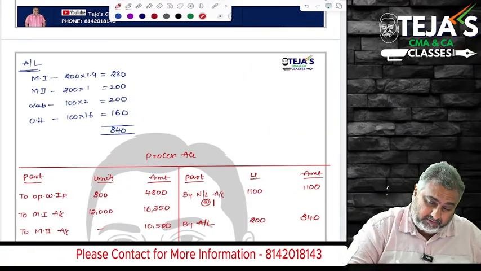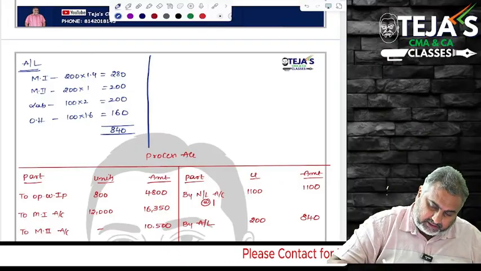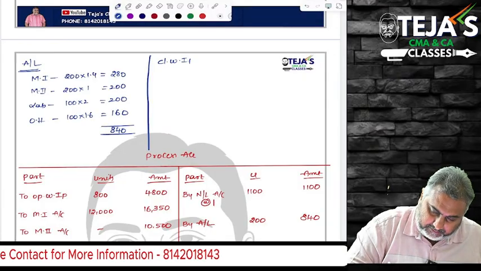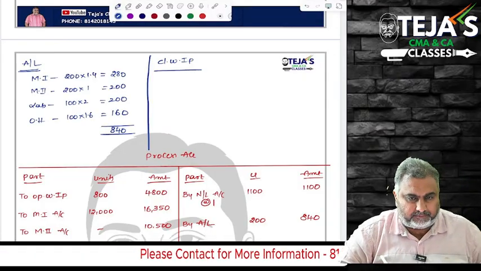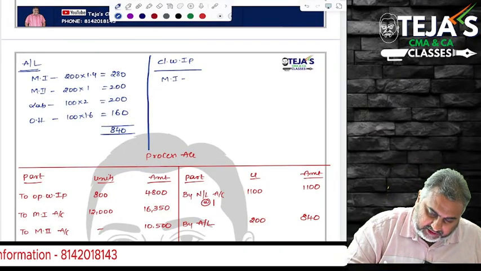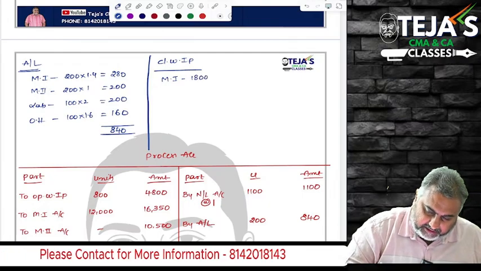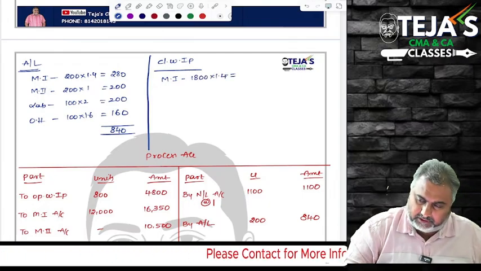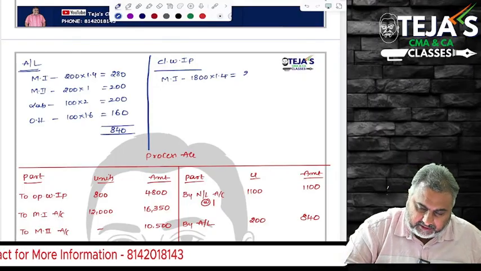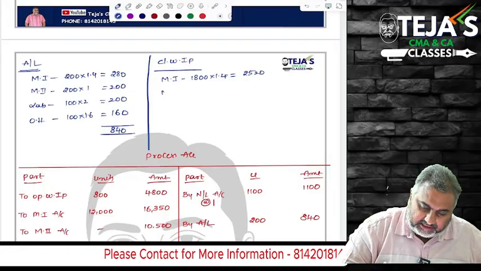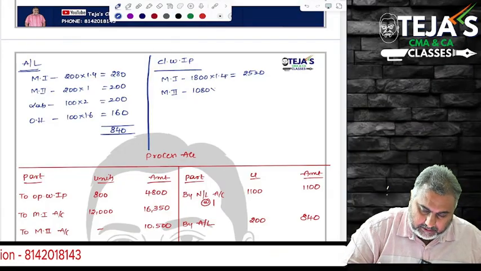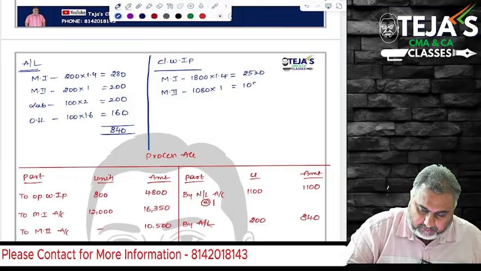Oh, sorry, we forgot to calculate one amount, that is closing work in progress. If you have space beside abnormal loss, write it down there. Material 1, see equivalent production statement, 1,800 units into 1.4. Sir, all the units we are taking from the equivalent production statement only. That's the reason I said be careful while doing the computation for equivalent production.